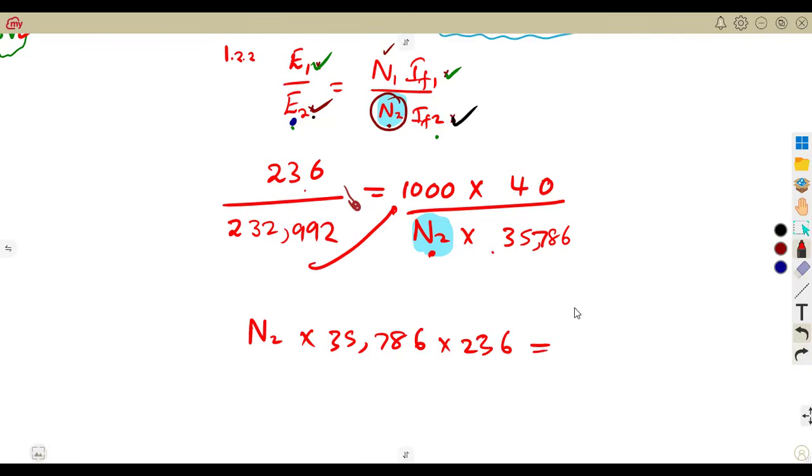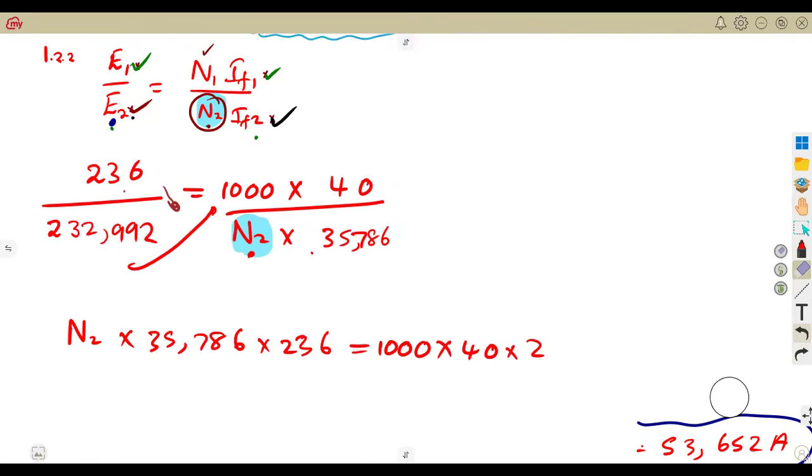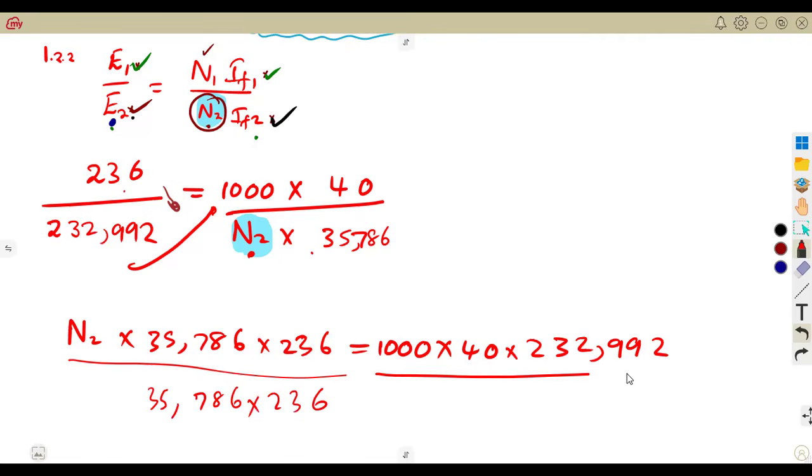This one multiplies this side, so it's going to be 1,000 times 40, the 232.992 also multiplies there. We need this speed, so definitely we're going to divide by all these: 35.786 times 232.992, also do the same thing, 35.786 times 236. So definitely this is going to cancel.